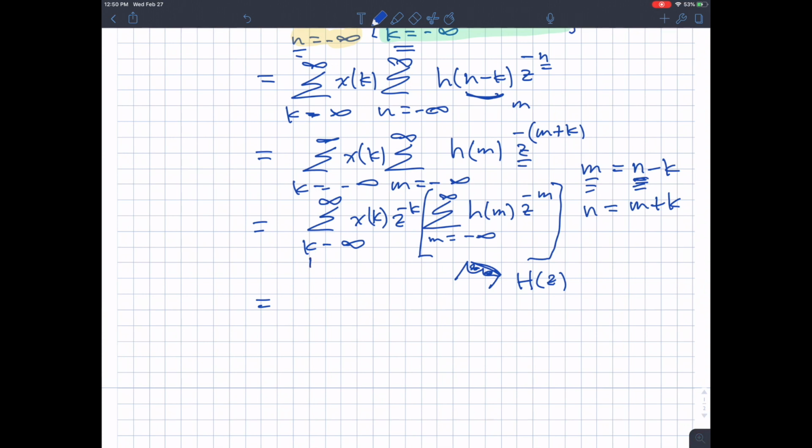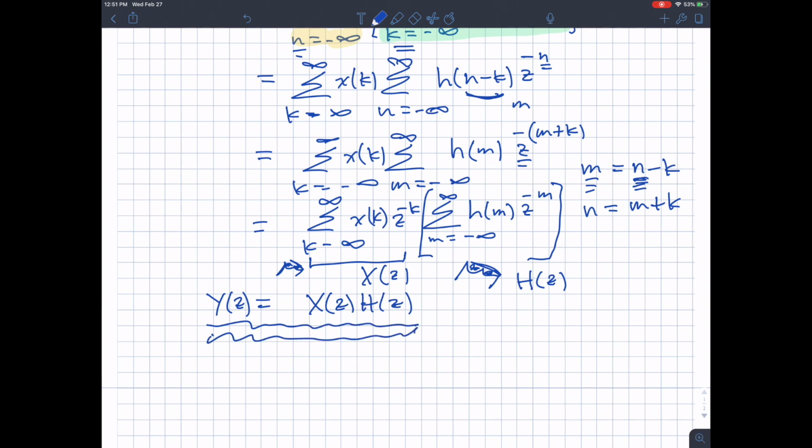But this sum is also something you should recognize. That's the definition of the z transform of x. So this proves the result using just the definitions and interchanging the order of summation and going through the right math. We proved that y of z is x of z times h of z.